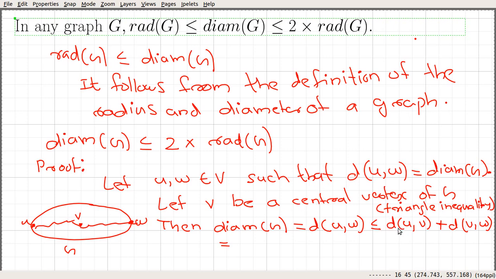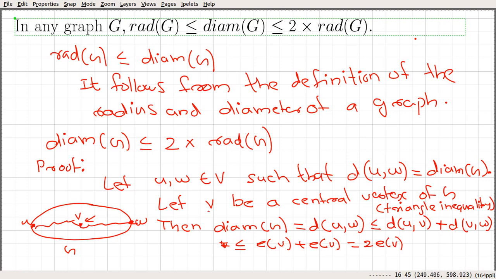So that says the distance between U and V is always less than or equal to the eccentricity of the vertex V. And similarly the distance between V and W will also be less than or equal to the eccentricity of the vertex V. So we can write this as less than or equal to the eccentricity of vertex V plus the eccentricity of vertex V, which is nothing but 2 times the eccentricity of vertex V.